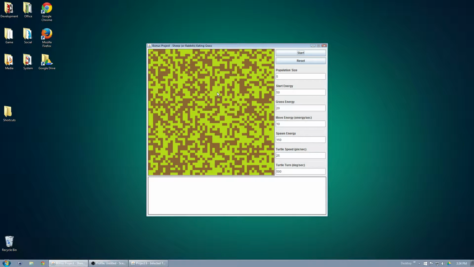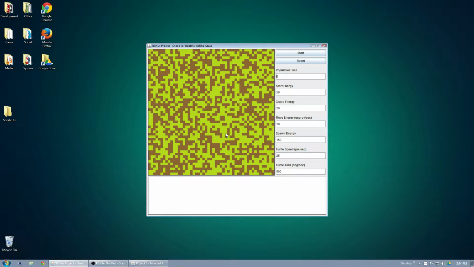But if the sheep eat grass, their energy increases, and if it reaches a threshold, the sheep then spawn a child. So, like my infection spreading simulation, there are configuration options, such as starting population size.